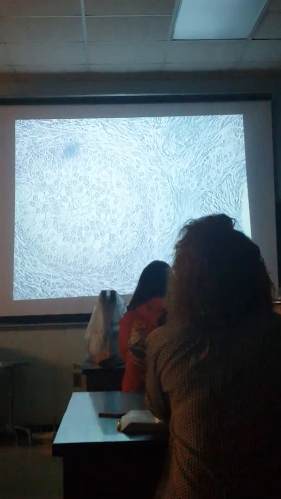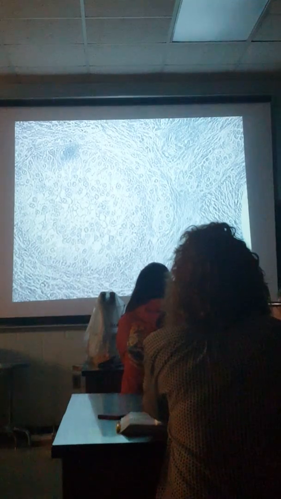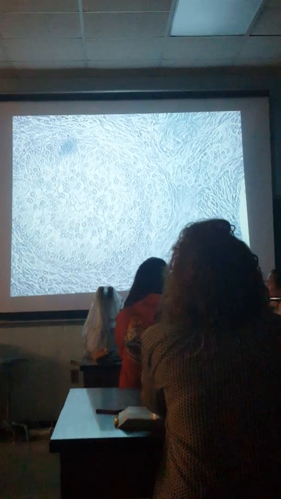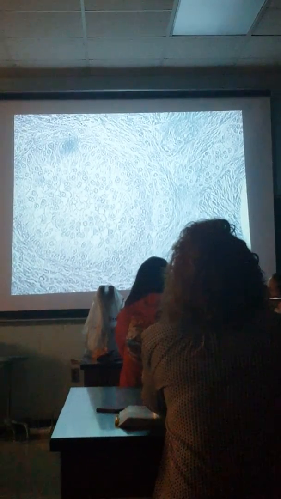Because the oocyte is just a small dot in the middle of this huge follicle. And if the knife cuts through way past the center, you're not going to see the oocyte. So there is an oocyte in the structure. It's just from that slice, we can't see it.